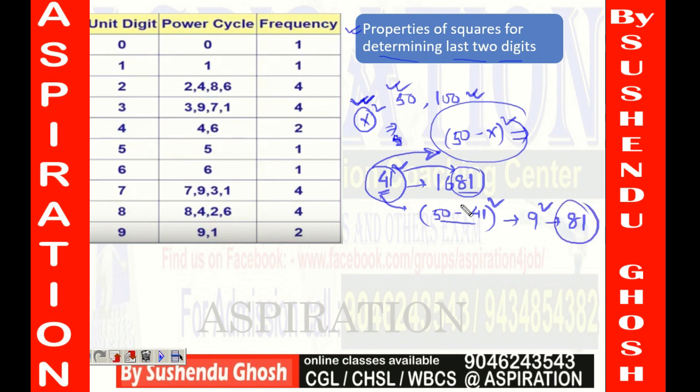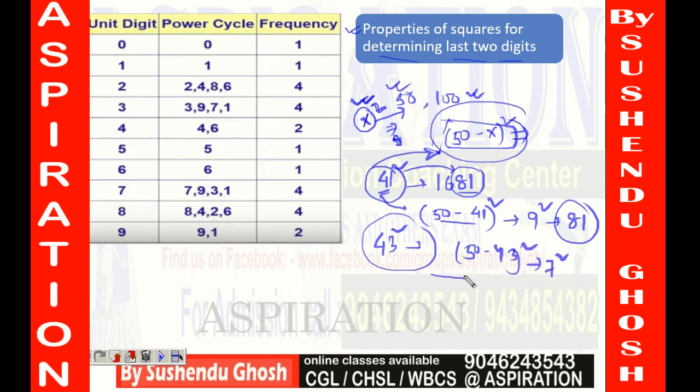So I am trying to say that when x is close to 50 or 100 and we perform the square of it, the last two digits of x square are the same as when we subtract that number from 50 and take the square. In the same way, the last two digits of 43 square will be the same as 50 minus 43 whole square. It means 7 square. Both of them will have 49 in the last two digits.